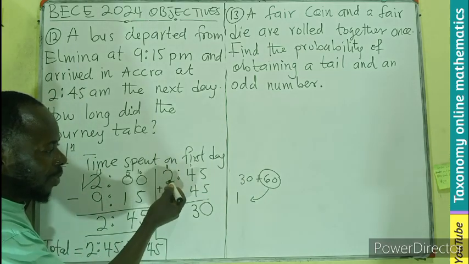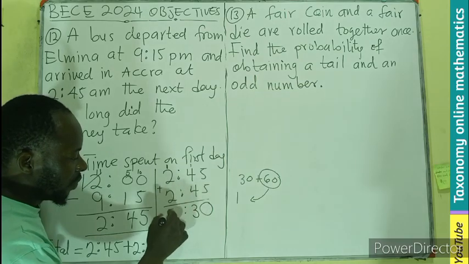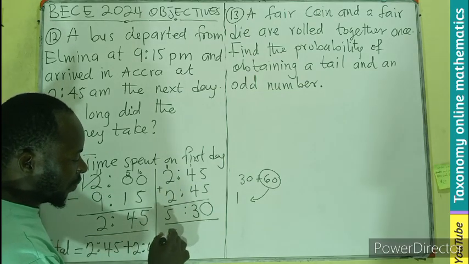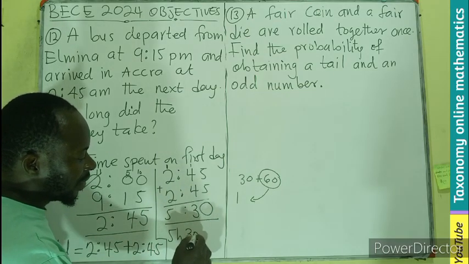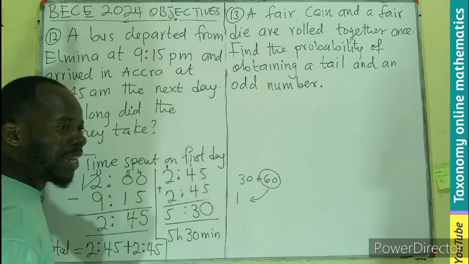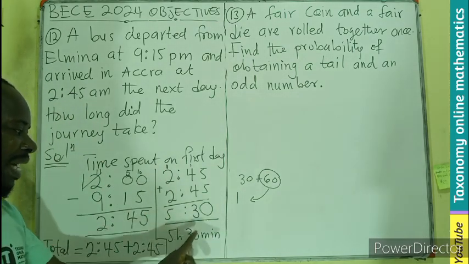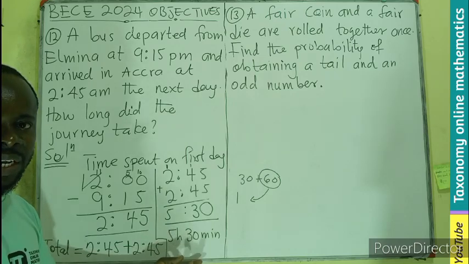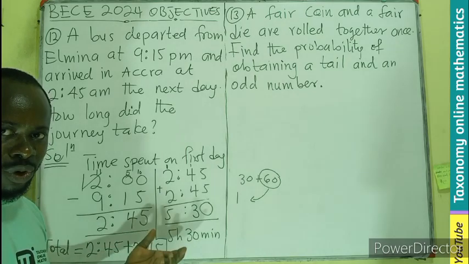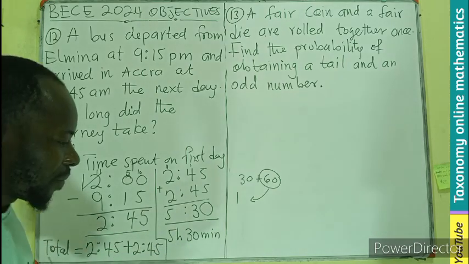So this 1 hour plus this will give you what? 5. So you're going to have 5 hours 30 minutes. That is the time spent. You'll be spending 5 hours, then 30 minutes. That's how long the journey is going to be. I'm sure you get the concept. All right.